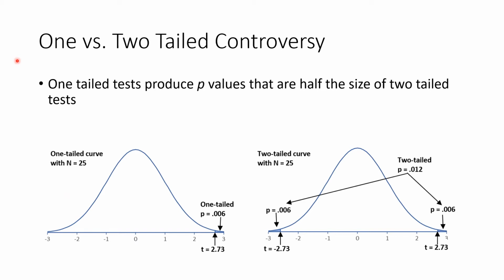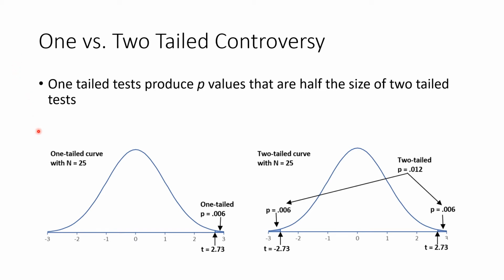Now, before we jump to the next stage, we need to talk about whether you should use a one- or two-tailed test. There are some differences of opinion on this, but always, a one-tailed p-value is going to be smaller than a two-tailed p-value. The two graphs will tell you the difference.